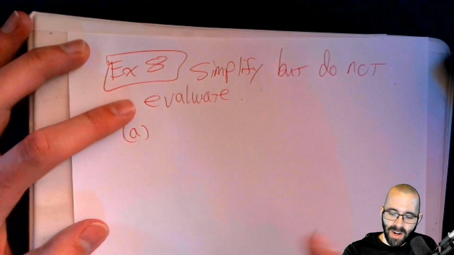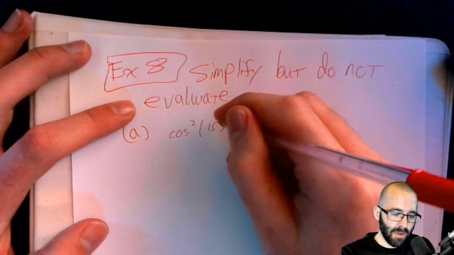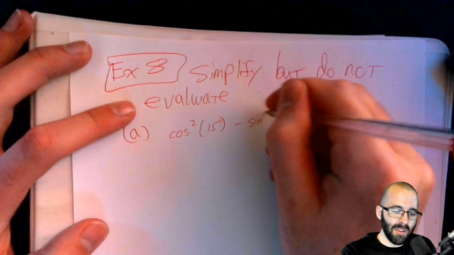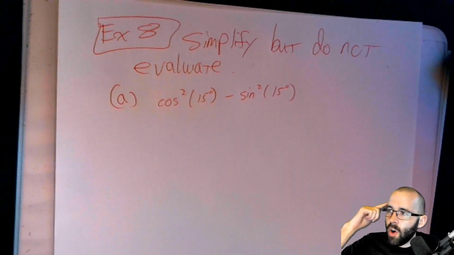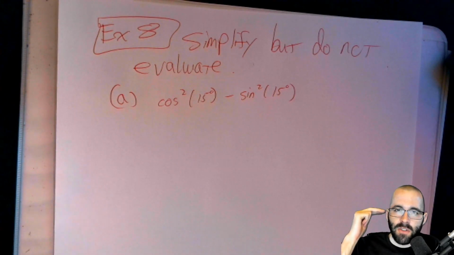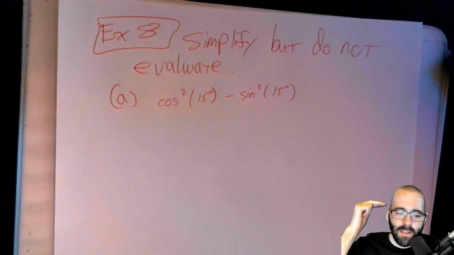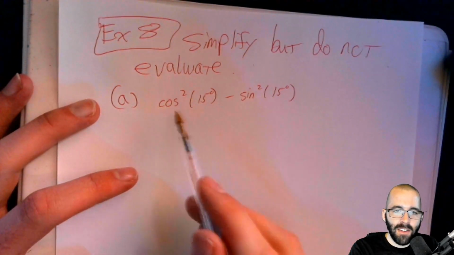All right, so part A. Cosine squared of 15 degrees minus sine squared of 15 degrees. So how can we simplify this? Hopefully, when you see this, the cogs in your mind should start turning. Does this look like anything you've seen before? It should.